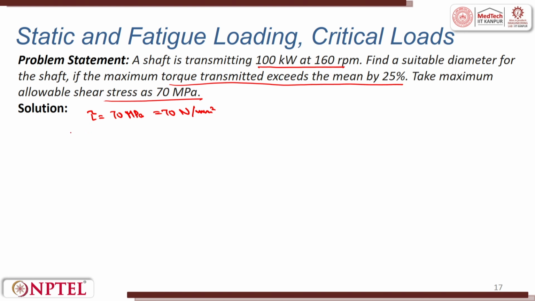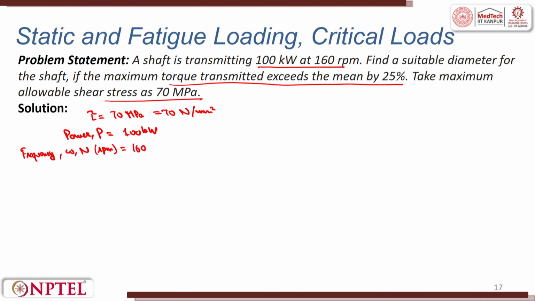So, power P is equal to 100 kilowatts, and we have the frequency of rotation, which you call omega or n, or rotation per minute, rpm.